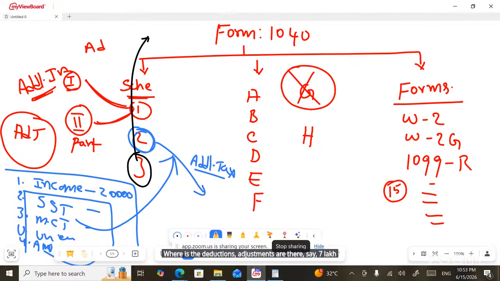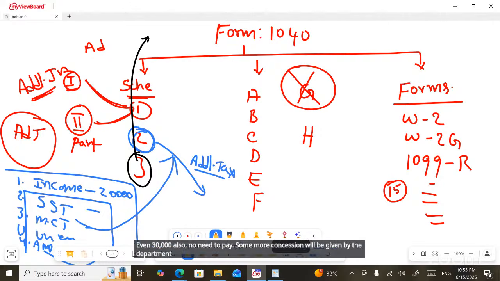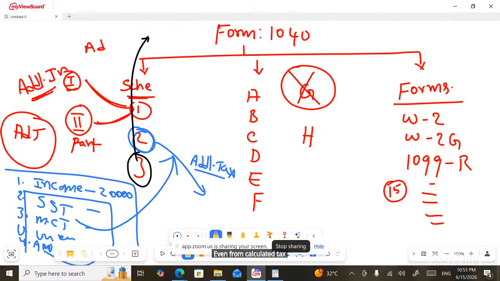Finally, taxable income is only 3 lakh. 3 lakh into tax rate, example 10%. So the tax amount calculated is 30,000. Even that 30,000 you need not pay. Some more concession will be given by the department, even from the calculated tax of 30,000. That kind of concession is technically called tax credits.